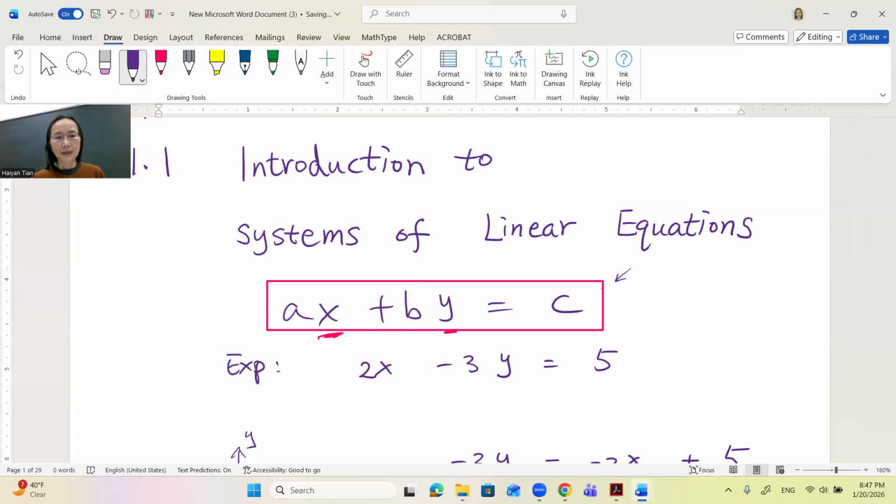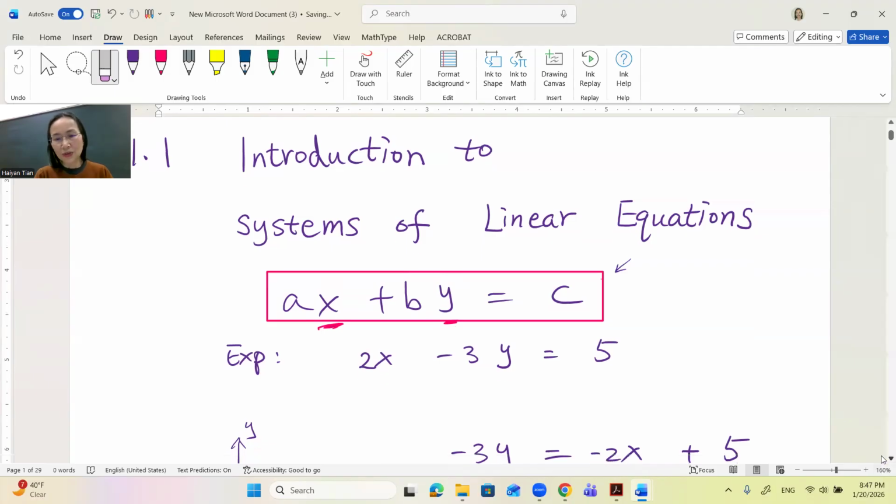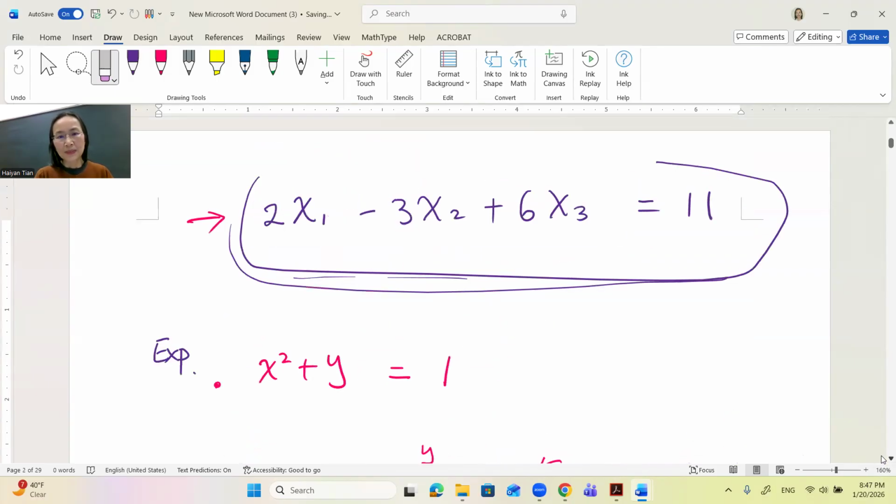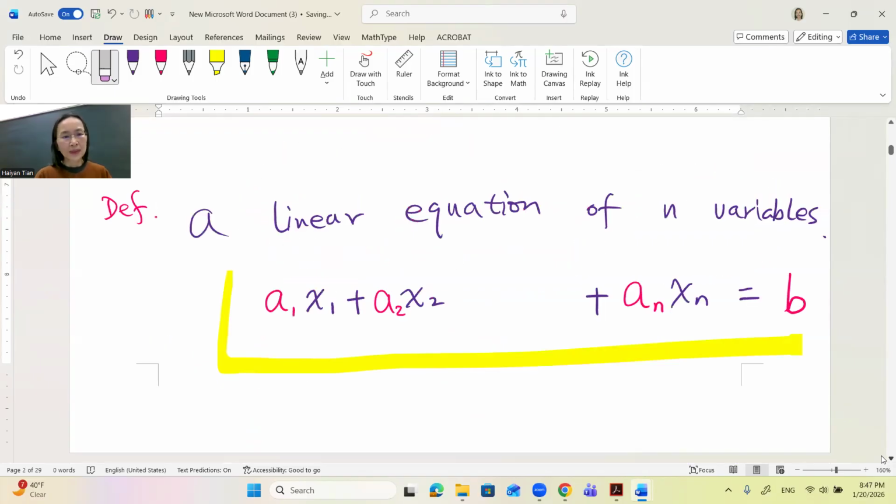And if you have two variables, you don't have to call them x, y. You can call them x1, x2, as I discussed in my previous lecture. Here you might have an equation involving three variables or even n variables. n can be as big as 100 or even 1,000, so you can consider an equation involving many variables.